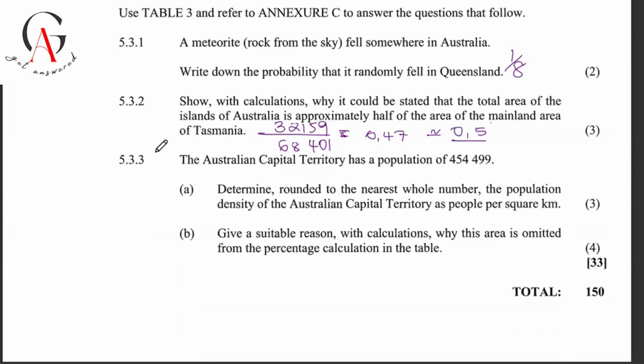5.3.3, the Australian Capital Territory has a population of 454,499. Determine, rounded to the nearest whole number, the population density of the Australian Capital Territory as people per what? Per square kilometer. So the people are these ones here. That means the people are going to be divided by the area of the Australian territory.